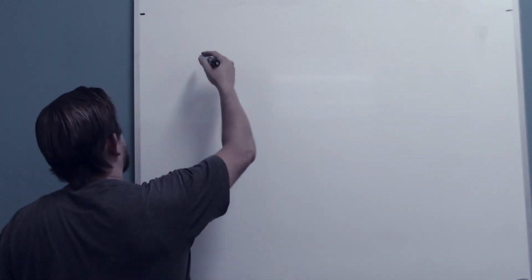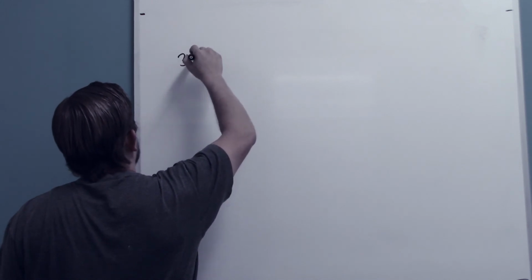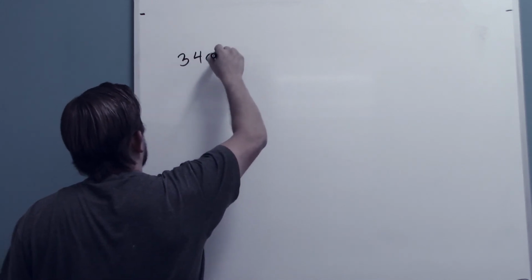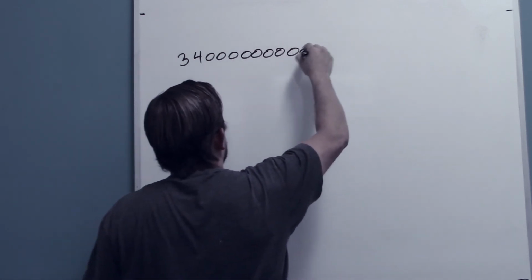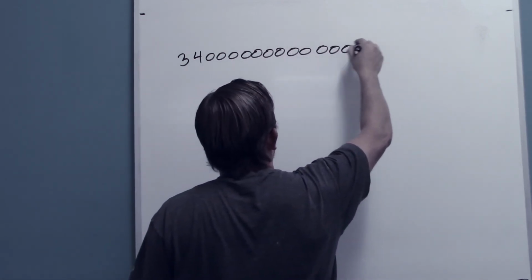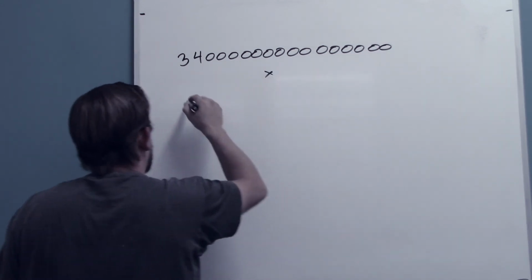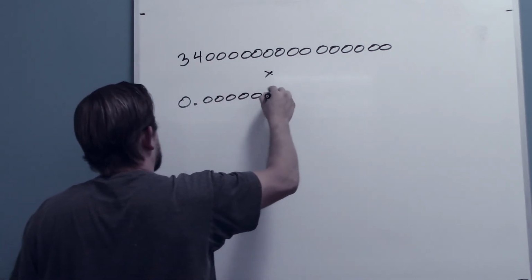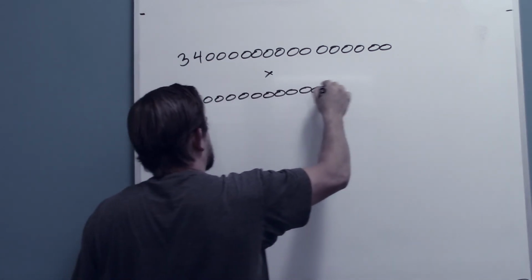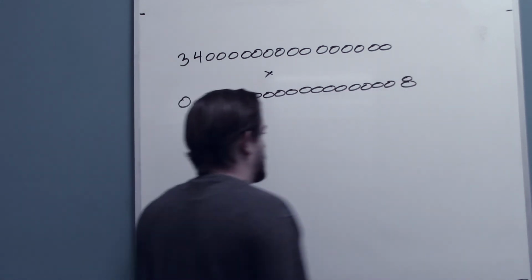Okay, let's look at one last one. Let's look at a very large number multiplied by a very small number. That number multiplied by that number.